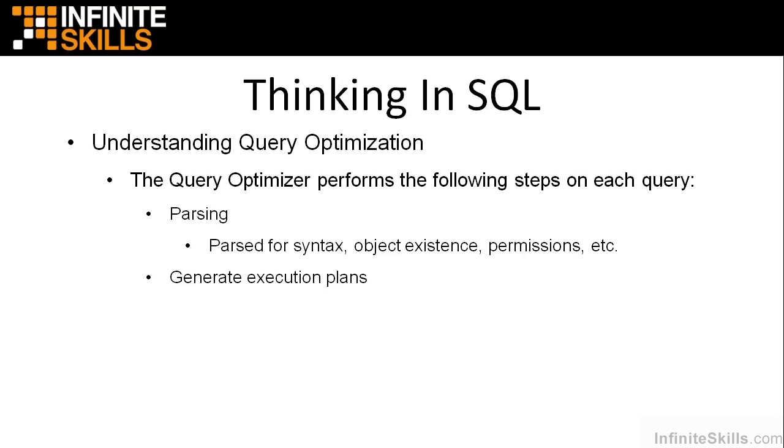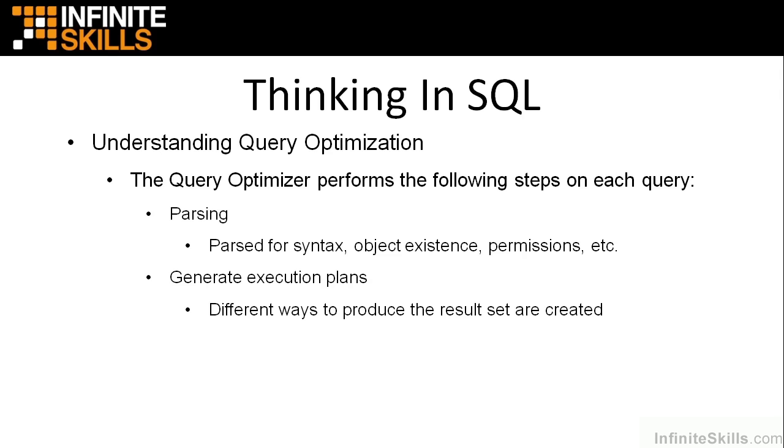Then the optimizer generates some execution plans. We'll talk about these a little bit later on. But the bottom line is it says, okay, this is what he's asking for. And he's written his query syntactically correct. I got that. All of his objects are there. He has the permissions to do this. Now, just exactly how am I going to go about producing the results? This could get kind of tricky.